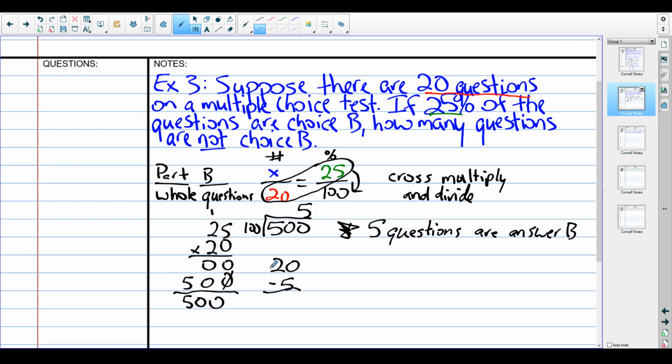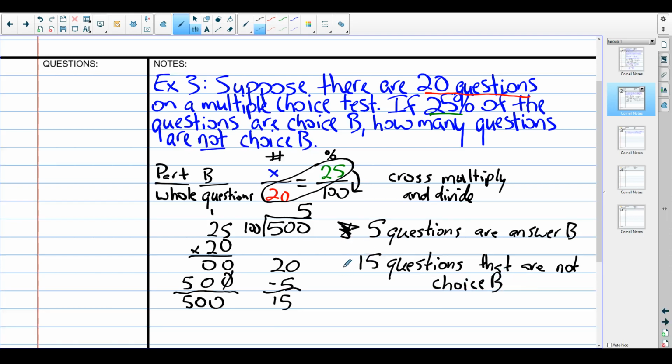20 minus 5. 20 total questions minus the 5 that are B leaves us with 15 questions that are not choice B, to answer it just the way the question asks us.